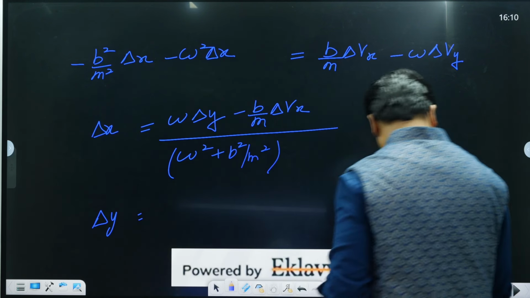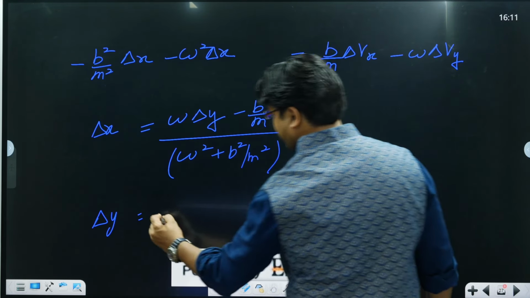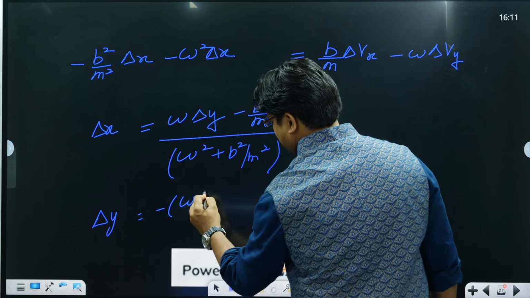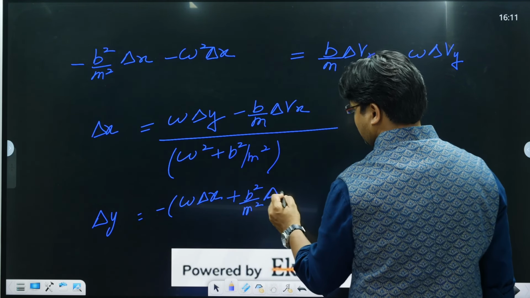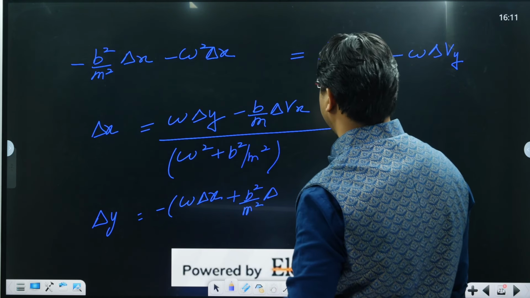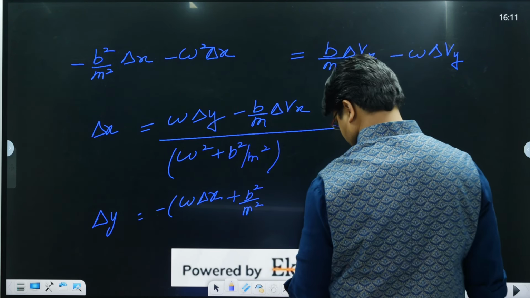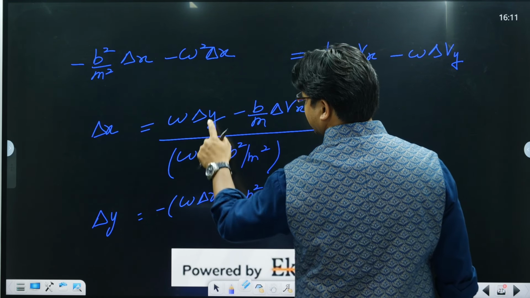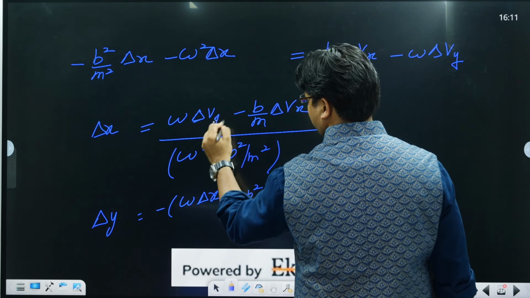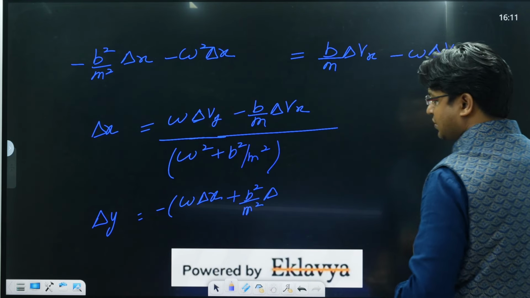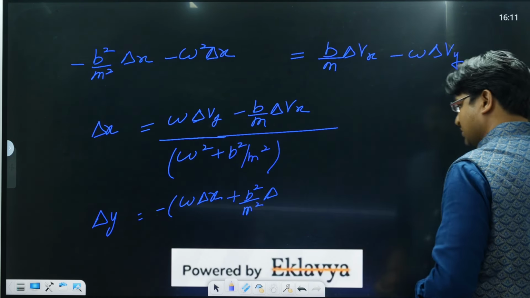So delta y would be, there is a negative sign, so minus omega delta Vx plus B square by M square delta Vy. Sorry, this is delta Vy, not y, and this is also delta Vx.